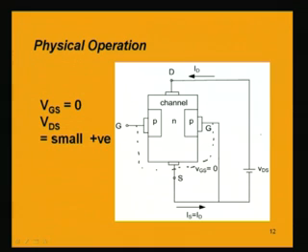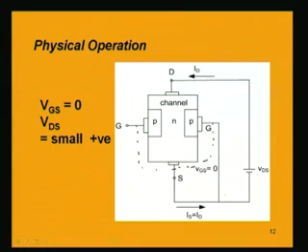We should not increase the VDS, because if we go on increasing it, that will have another effect which we will discuss later. Right now, let us assume that we are applying a small positive voltage between drain and source, and gate to source voltage is 0. That is simply like the gate to source terminal being short circuited.